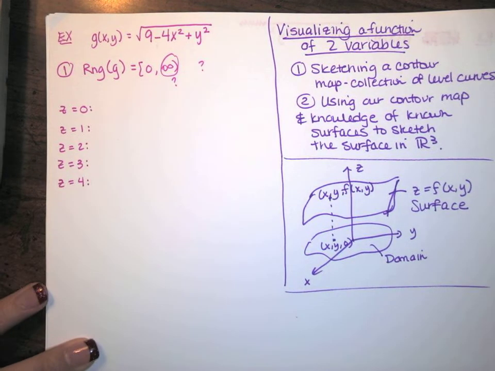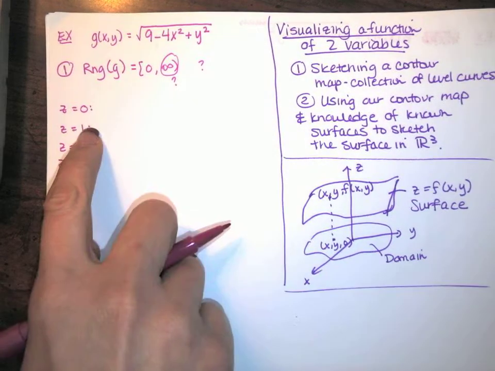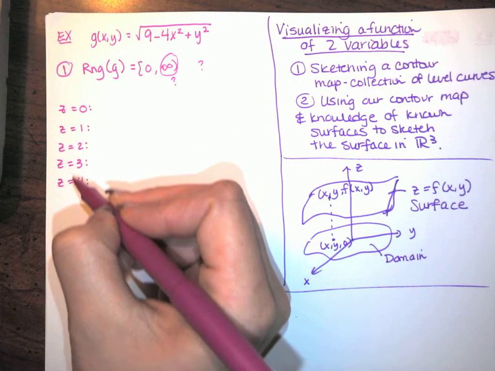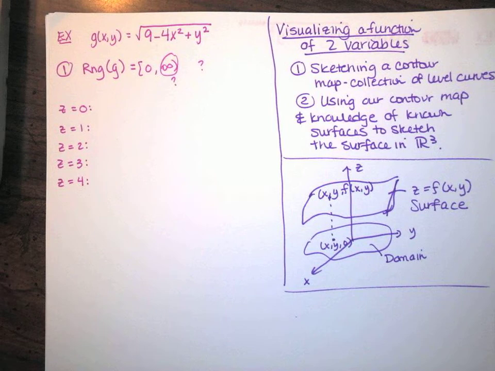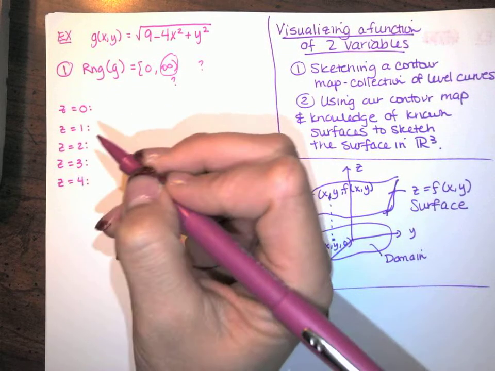Now, when I ask you to do this for a quiz or a test, I'm probably not going to have you do 4 of them. I'll probably have you do 3 of them, and one of them might be z equals 0, which is going to be very simple. Just keep that in mind. You just are going to have to pick out a few z values in the range, and you want them to be evenly spaced to get a good sense of the graph. But you're not going to have to do this much on your quizzes.